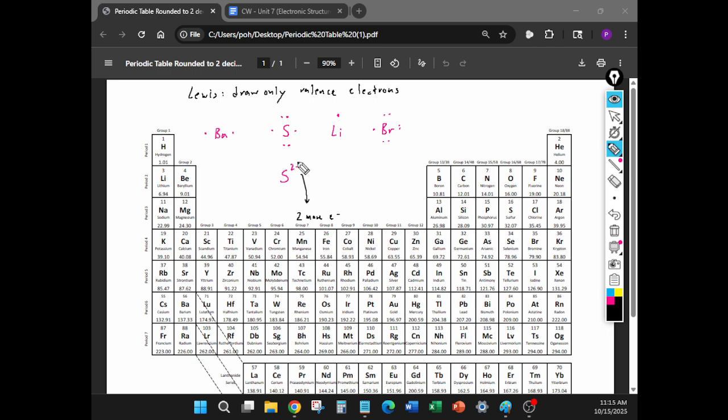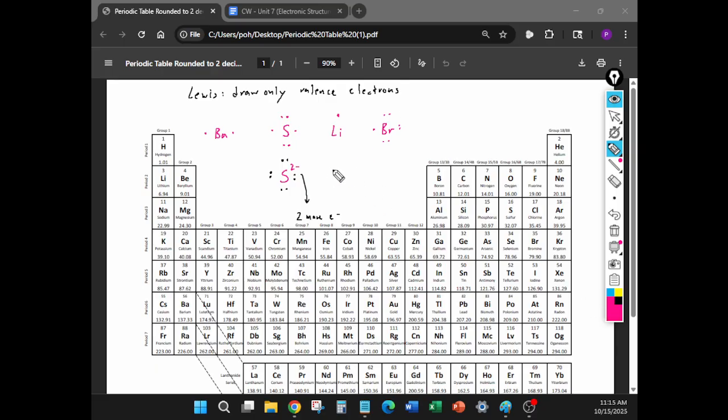So you just add 2 on top of it. So instead of 6, sulfur is going to have 8 valence electrons. Pretty simple, right?